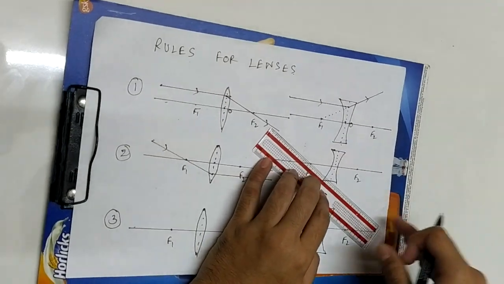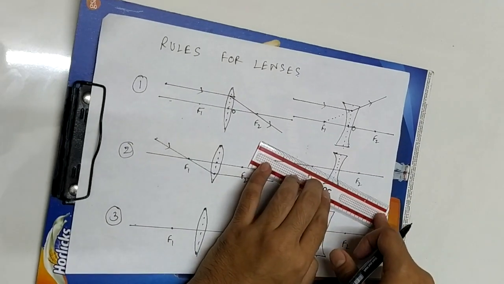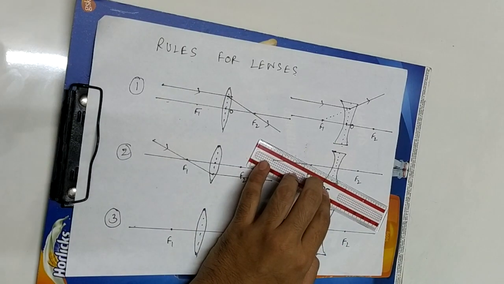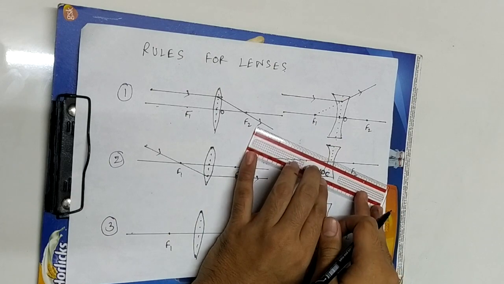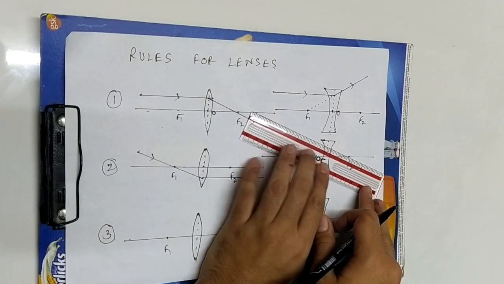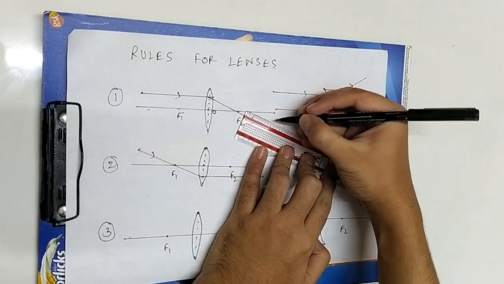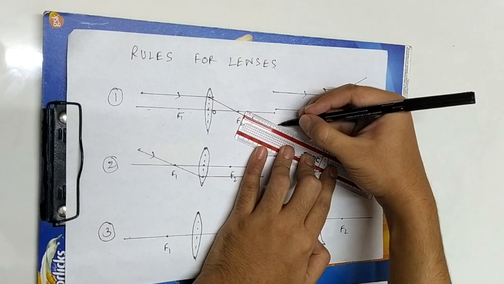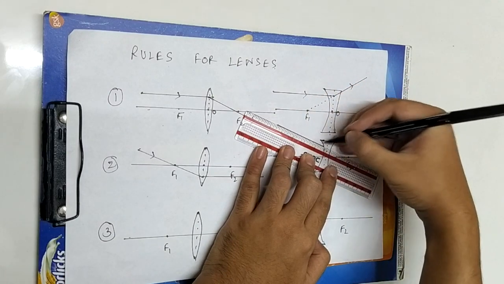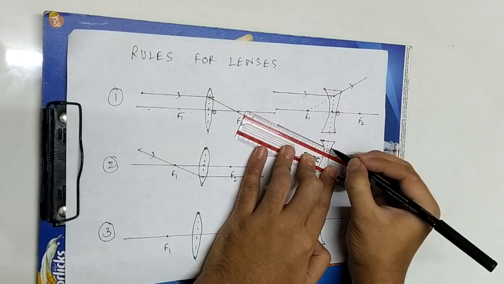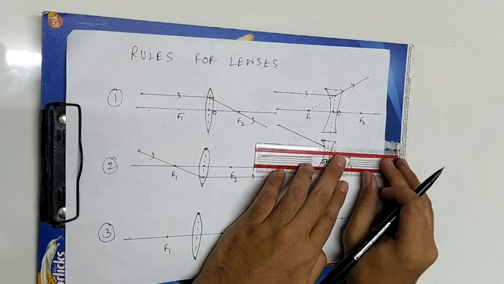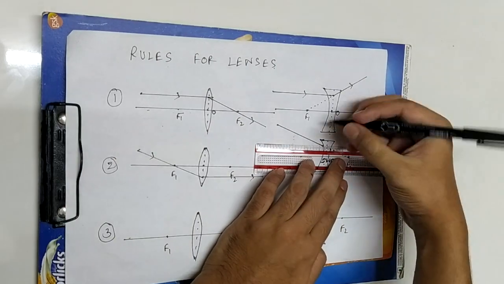Passing through the focus. Instead of that, we are going to draw a ray which is appearing to pass through the focus. Okay, the ray which is actually appearing to pass through the focus after refraction will become parallel to the principal axis.